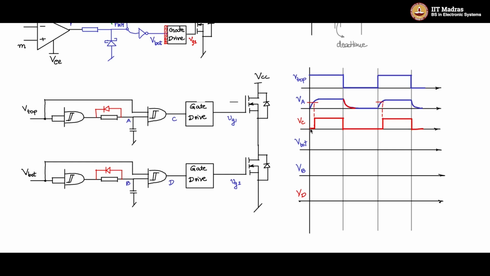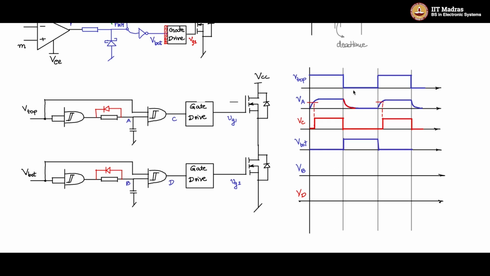So this is VC. Notice this on time delay. There is a turn on delay. The turn on is initiated with the delay. There is no change in the delay for the turn off. Only the turn on is delayed.